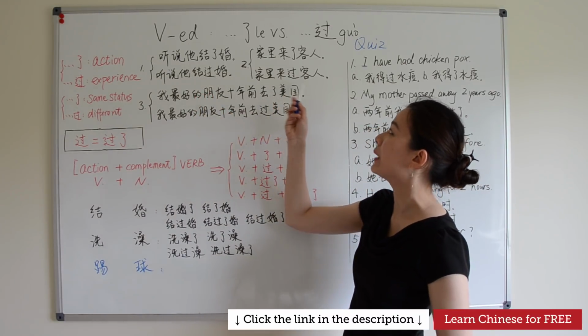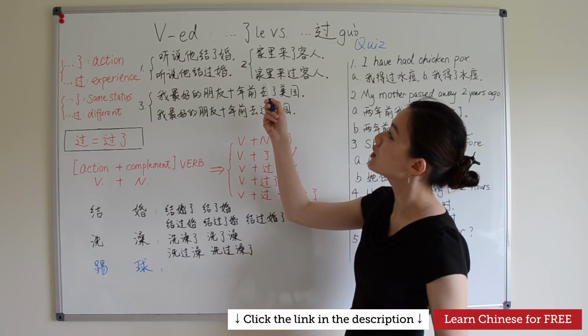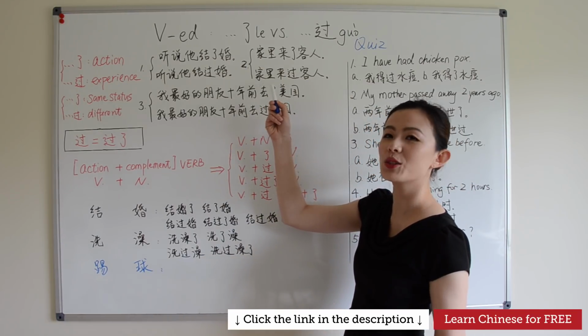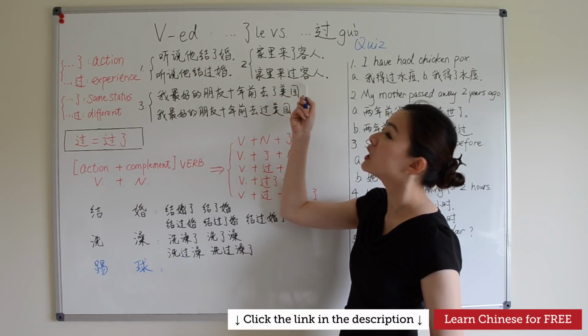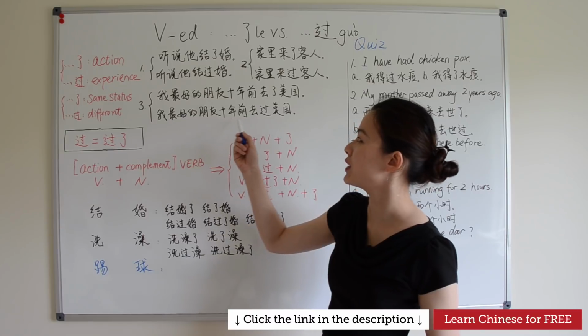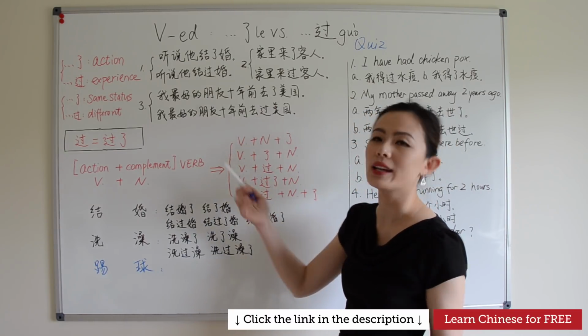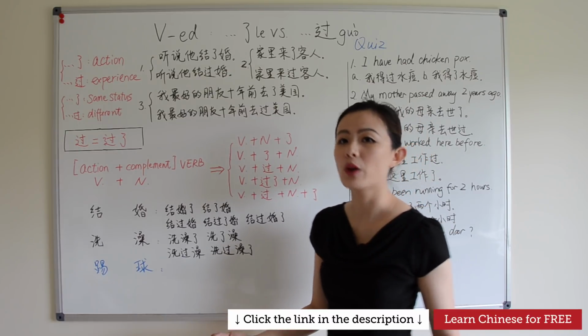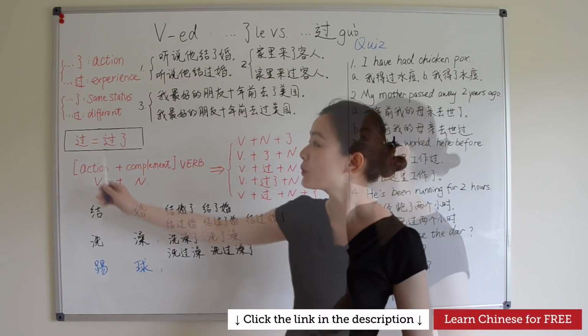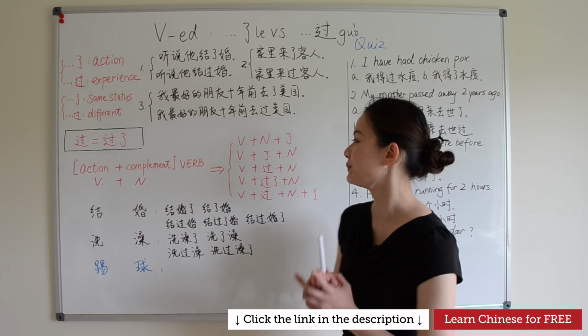And 家里来过客人, we had some guests, can also be said 家里来过了客人. And 我最好的朋友10年前去过了美国. 过 and 过了 are interchangeable in most cases.